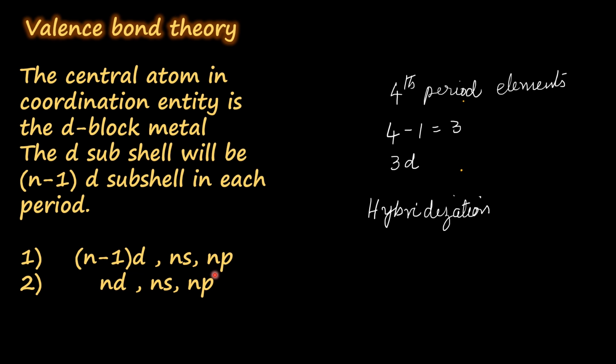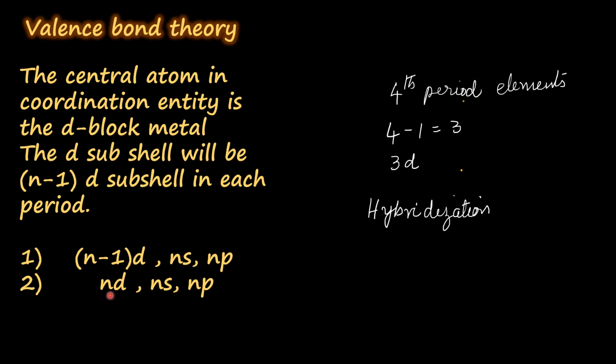That is, for the fourth period elements, some of them might undergo hybridization like this. The required number of d orbital orientations, that is 3d, 4s and 4p, will take part in hybridization to give rise to the required number of hybrid orbitals which are degenerate.